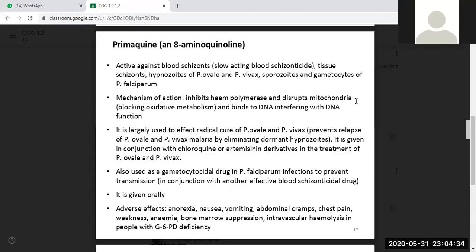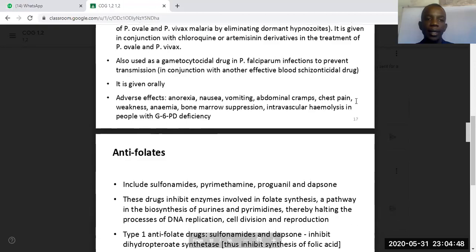So when the mosquito comes for a blood meal, the gametocytes will not be available for uptake by the mosquito, and then the transmission will be broken. This drug is given orally. Common adverse effects include anorexia, nausea, vomiting, abdominal cramps, chest pain, weakness, anemia, bone marrow suppression.